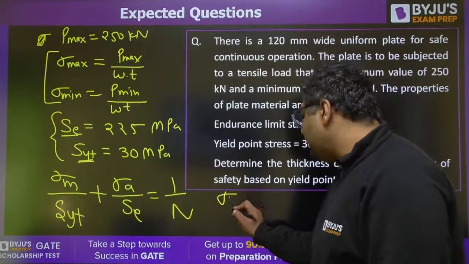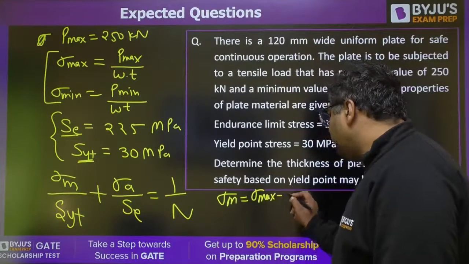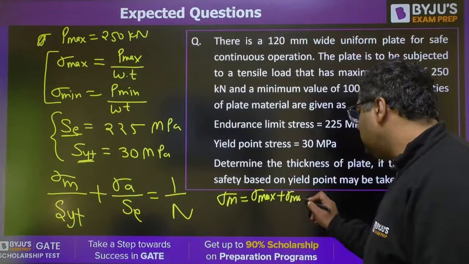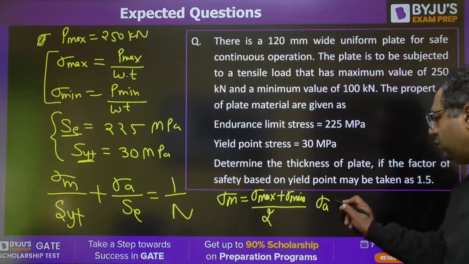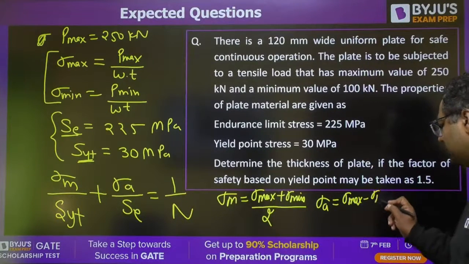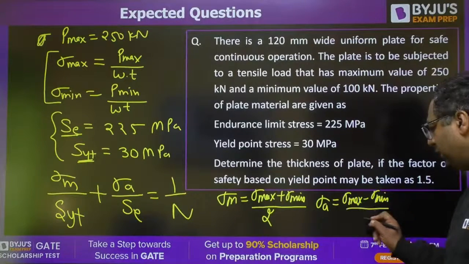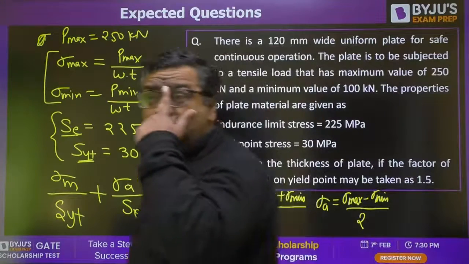Mean will be sigma maximum plus sigma minimum divided by 2. Sigma amplitude is sigma max minus sigma min by 2. This is how you will do it.